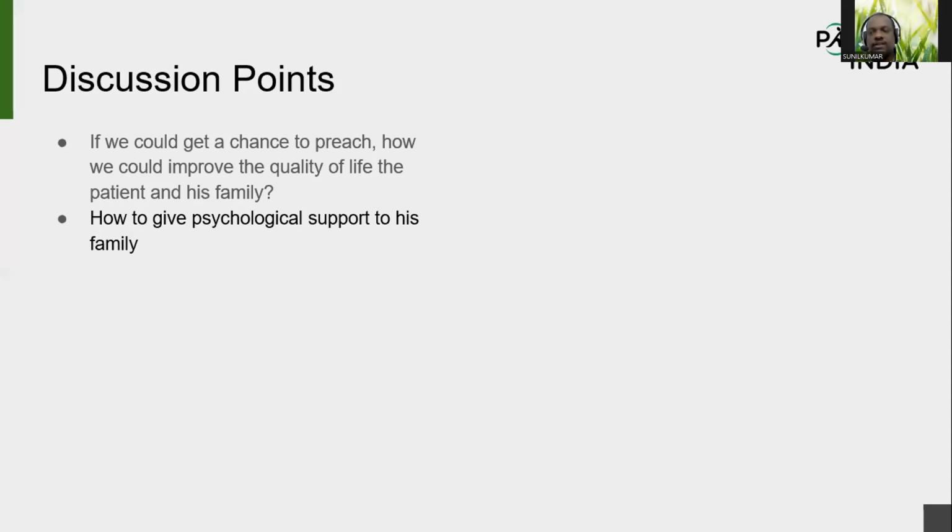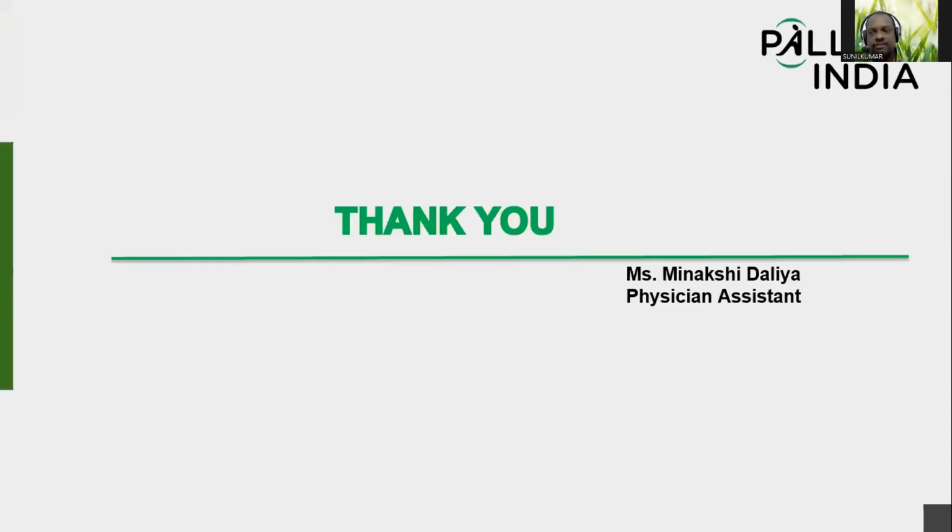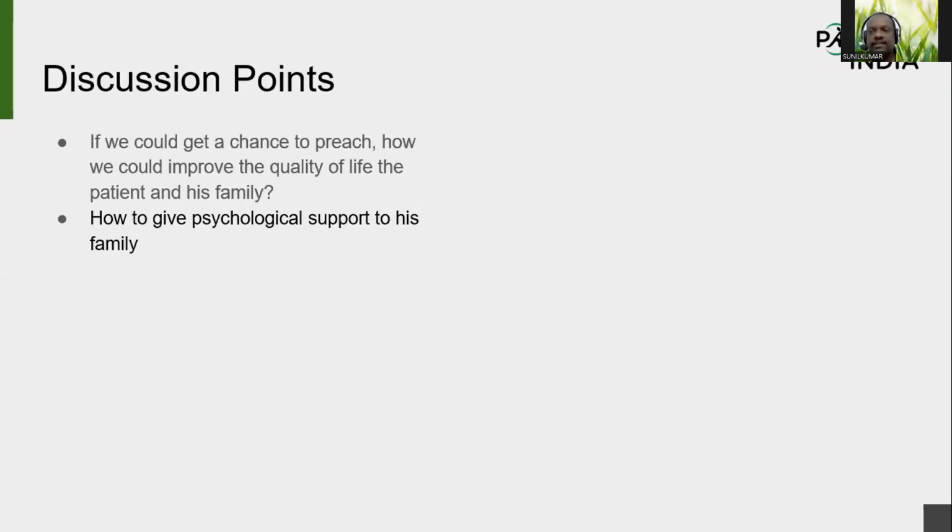The quality of life will not be the same for us and for the patient. Only the patient can tell us what the quality of his life and his family's life is. So we should ask the patient, what do you want? What are the things which we can do to improve your quality of life?